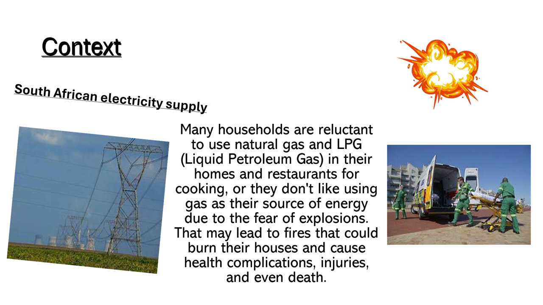The context is that South Africans experience frequent electricity power cuts. This forces many households to seek alternative power, in order to replace or supplement the electricity that is provided by the government. For example, they might choose to use generators, solar, or gas.